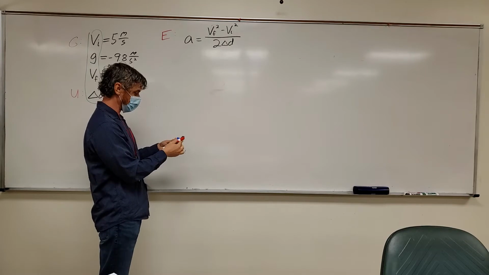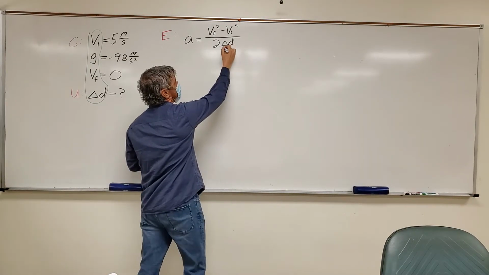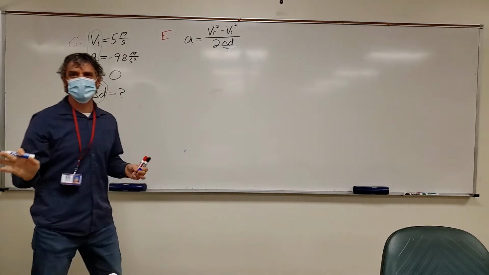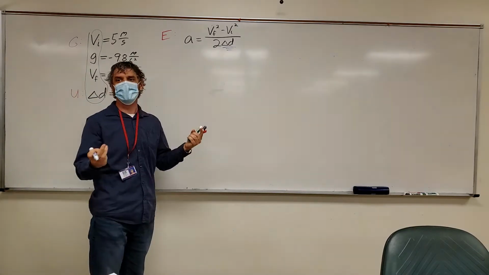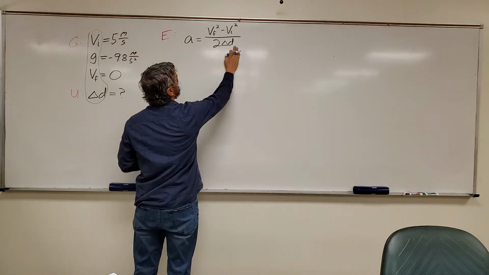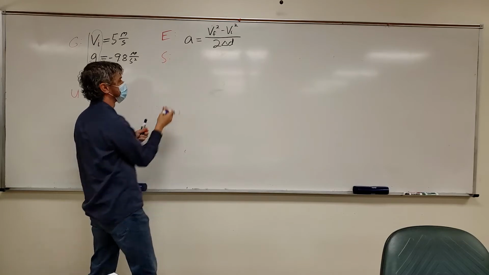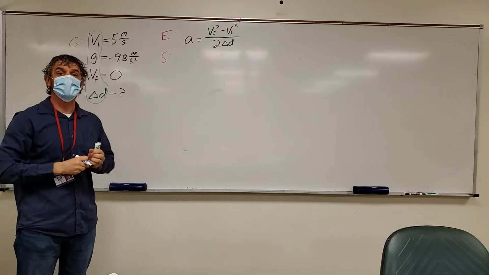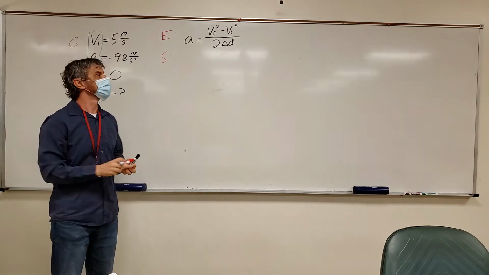So what I see here, the easiest way to do this would be, and remember, I'm still seeing this mistake: if what you're looking for is in the denominator, you got to get it out, right? So I'm going to go ahead and solve this first and then substitute in the values. If you'd rather substitute in the values in this step and then solve it afterwards, I'm fine with that.